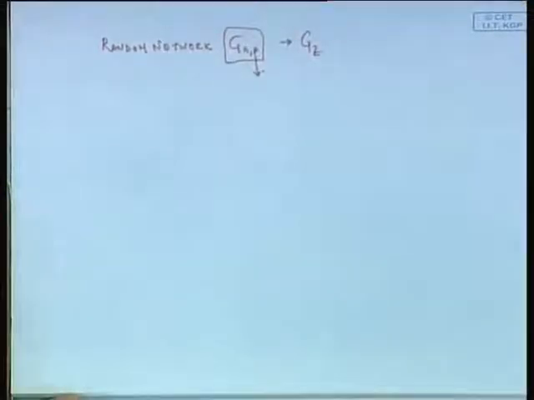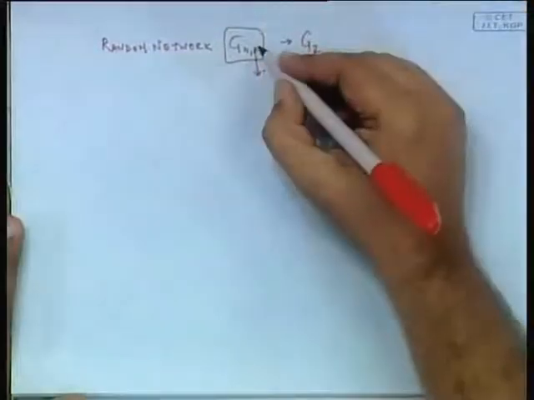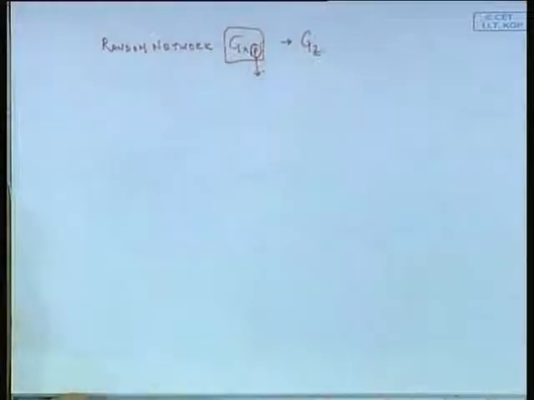If I think of G(n, p), at a particular p there will be many networks. Question is, do all these networks have a similar behavior, or some behaviors are common for all these networks?